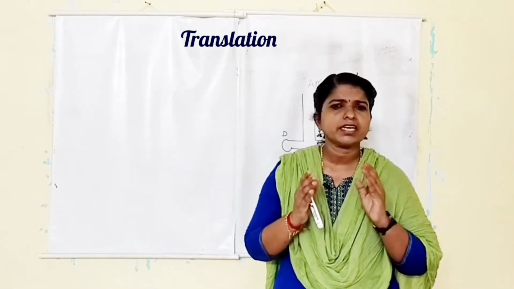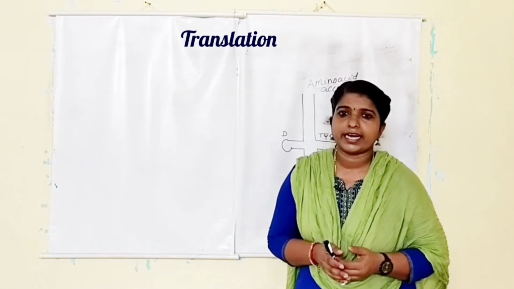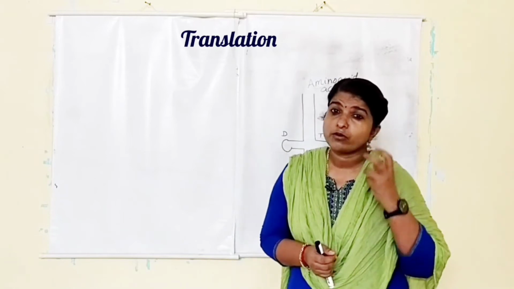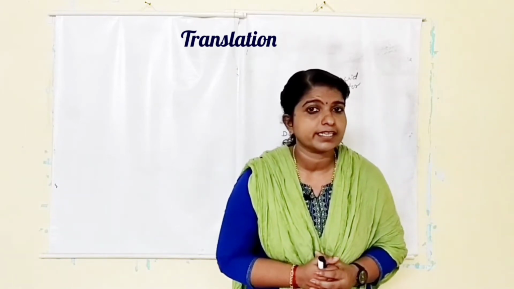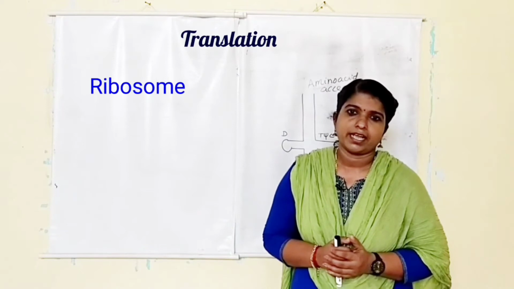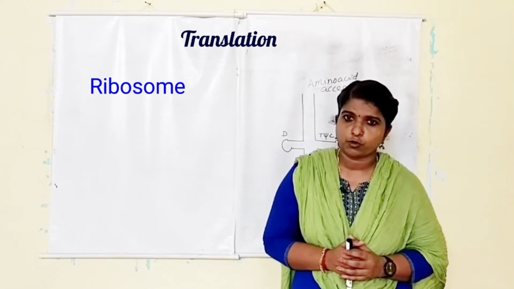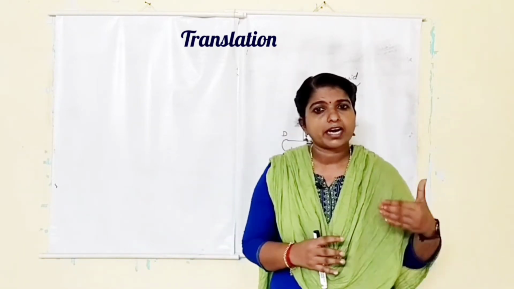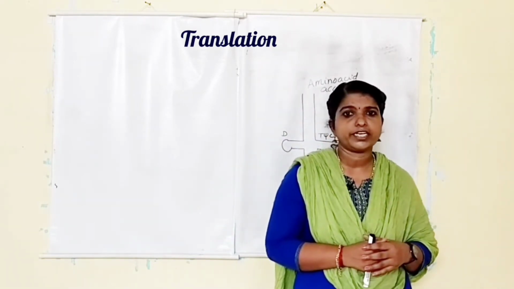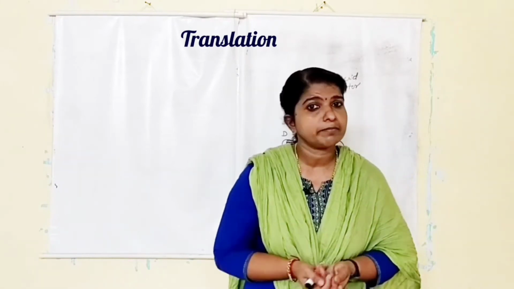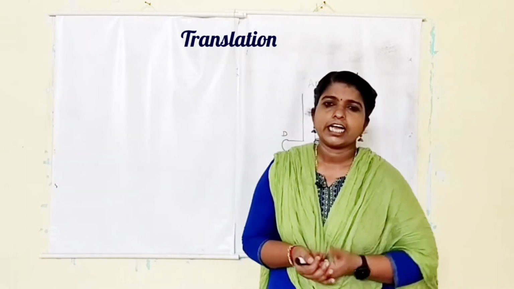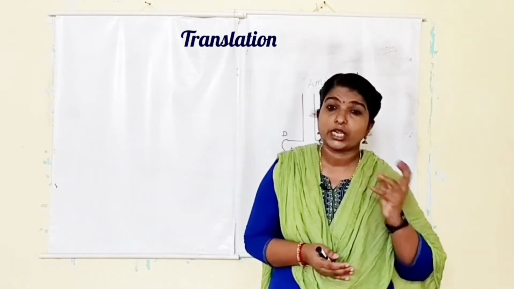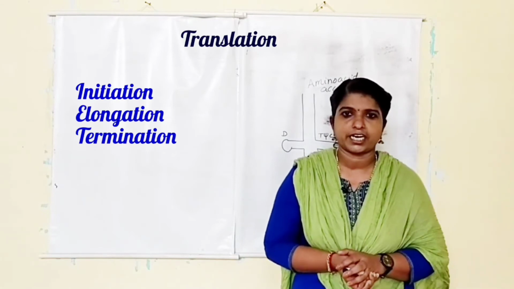Okay. And you know, the cell organelle which is responsible for protein synthesis, or the cellular factory for protein synthesis, is the ribosome. There are 2 subunits in a ribosome, a larger subunit and a smaller subunit. When the mRNA encounters the smaller subunit, then the process of translation begins. And there are 3 steps in translation: initiation, elongation and termination.